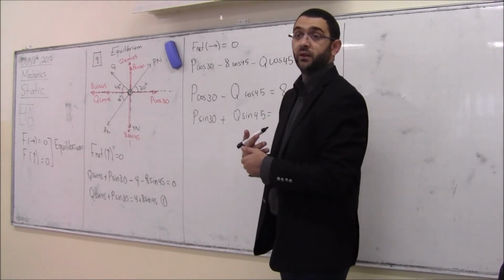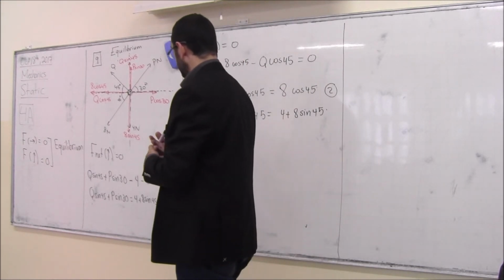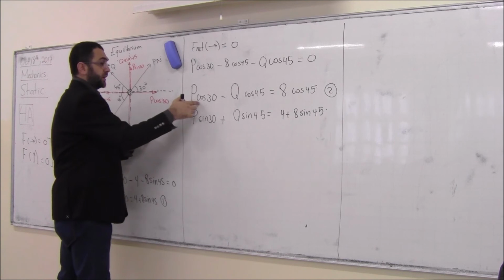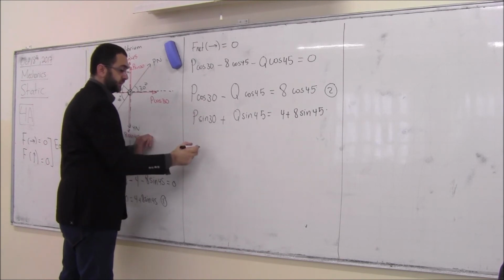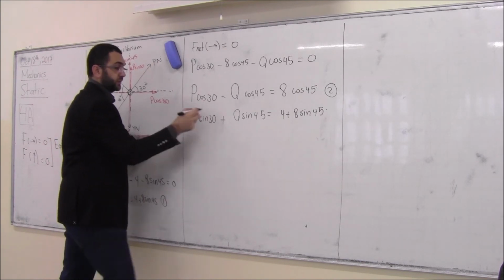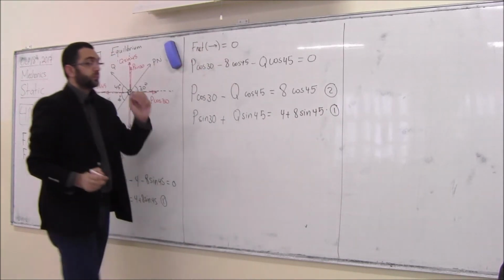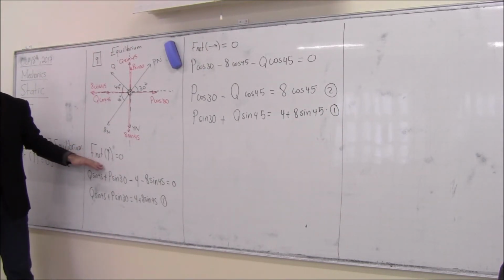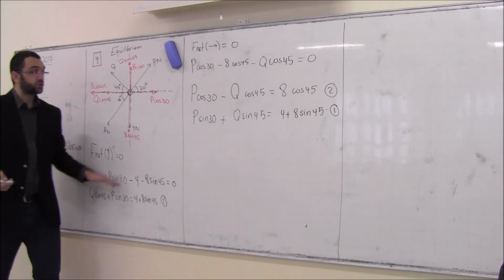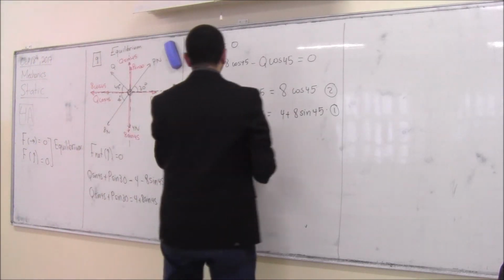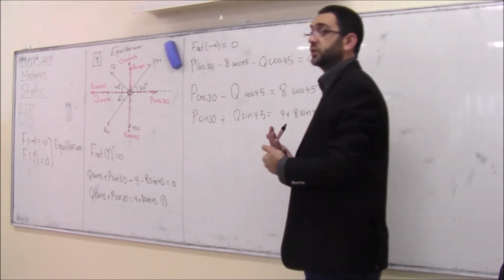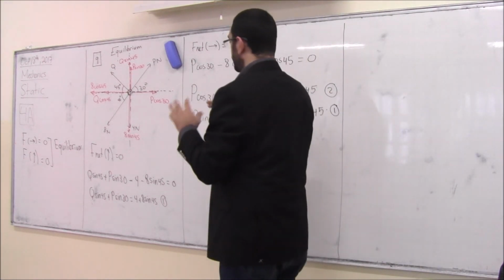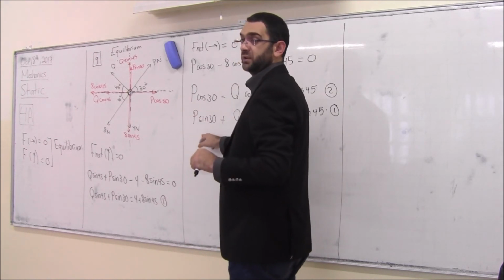Simultaneously, sorry. Look here, P cosine 30. Look at this equation. After using Newton's second law, I got two equations with two variables, P and Q. I have to solve them simultaneously. But we have to know how to deal with cosine and sine.